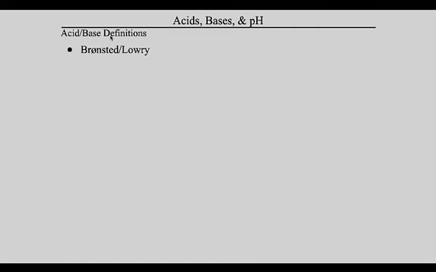Bronsted and Lowry were two chemists that didn't even know each other. They both came up with the idea at about the same time, so they share the name because they shared the idea even though they didn't know one another. They came up with a different definition for acids and bases. Acids are proton donors.